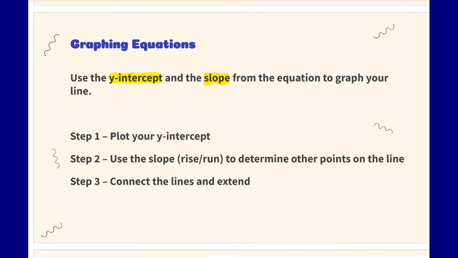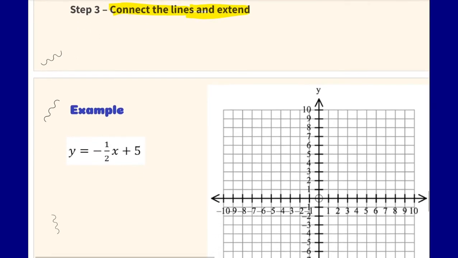The first step is to plot your y-intercept. You then use the slope, or rise over run, to determine other points, and then you connect the dots and extend. So we're just basically going in reverse.